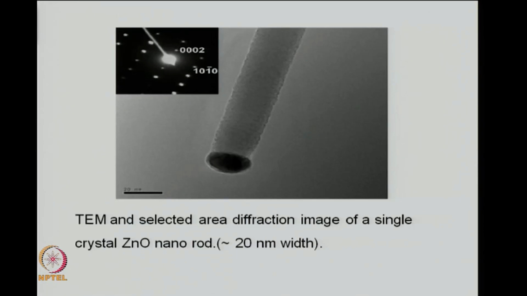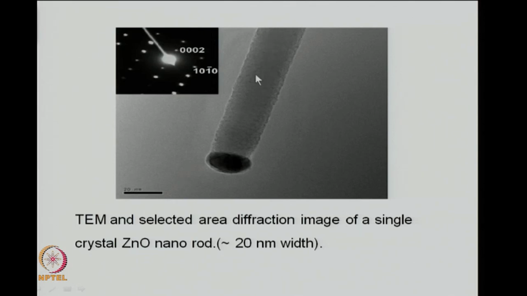Now, very important, as you see in the vapor liquid solid method, we said that you have a substrate, and a droplet of the catalyst on top of the substrate. As the evaporated growth material falls into the liquid or dissolves in the liquid, it deposits itself on the liquid solid interface, and the liquid droplet keeps moving on top of the growing rod, and that is what is being seen here.